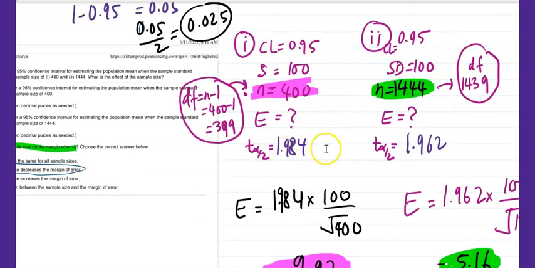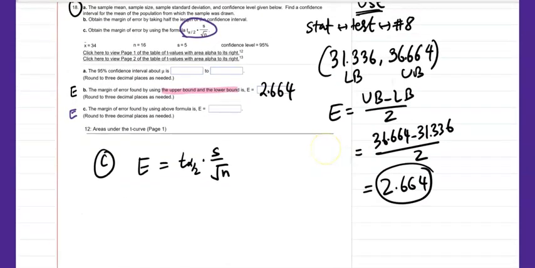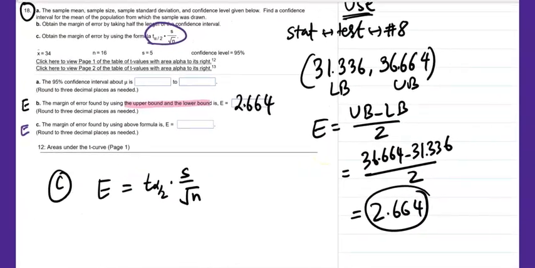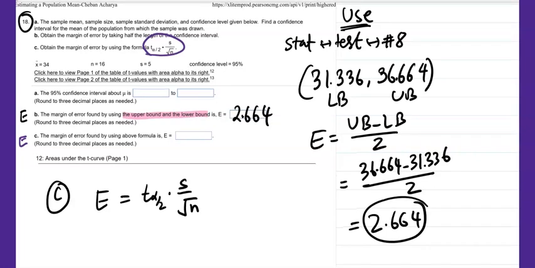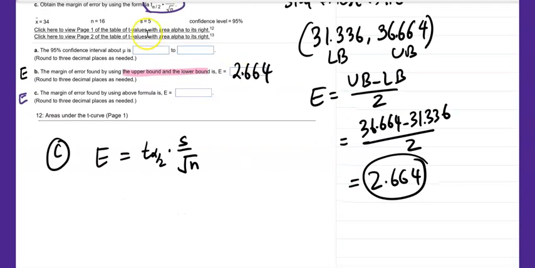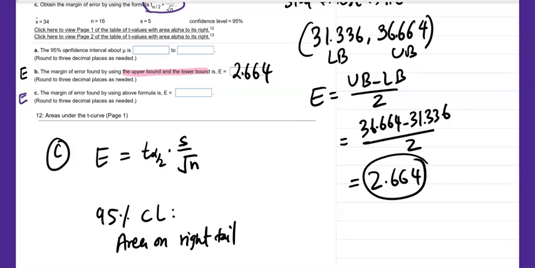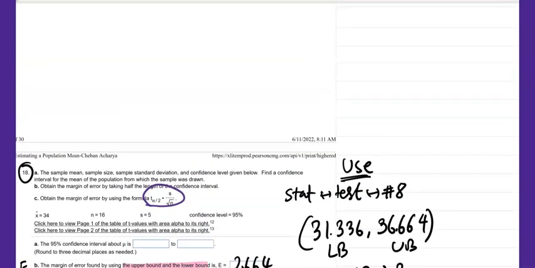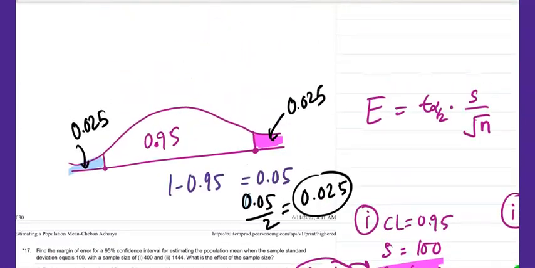To find that, you have to find the right area on the tail. For a 95% confidence level, the area on the right tail is 0.025. Again, this is the same one.